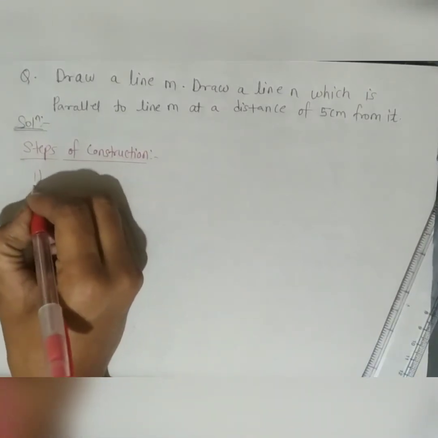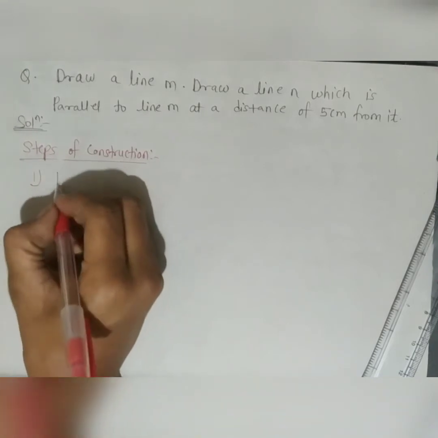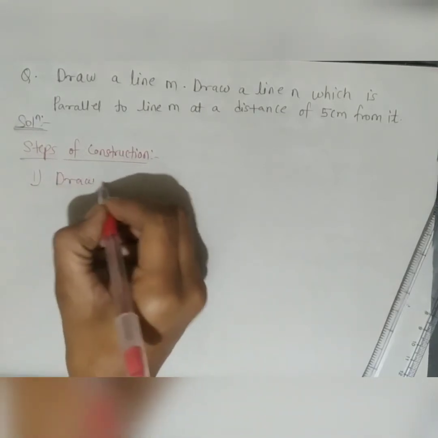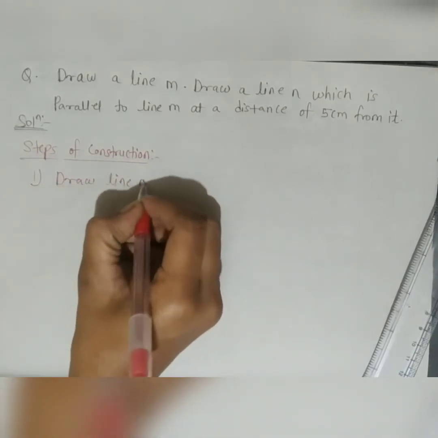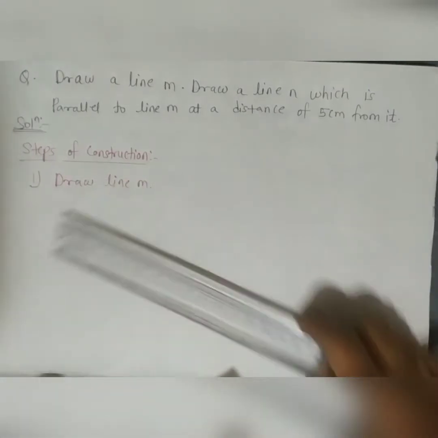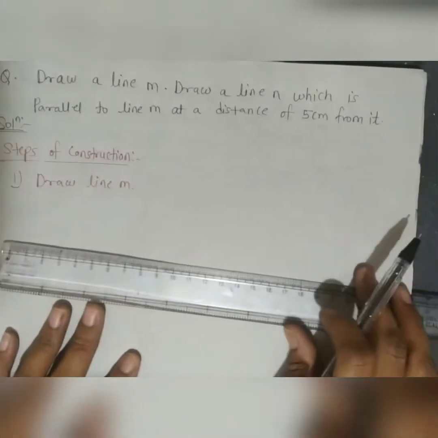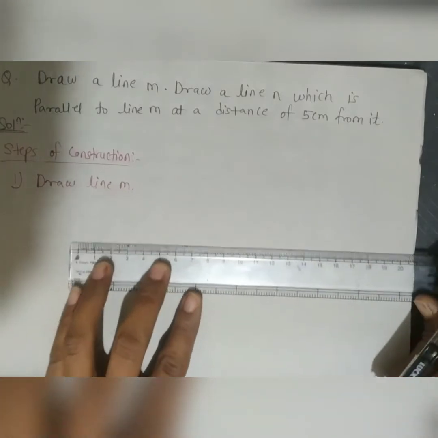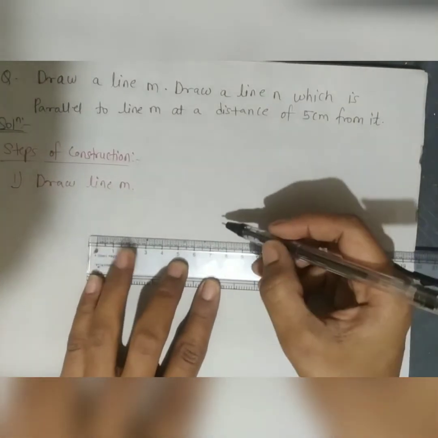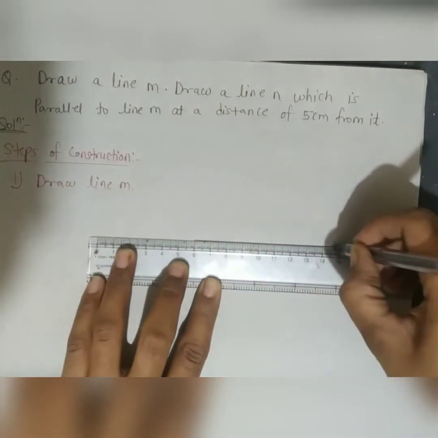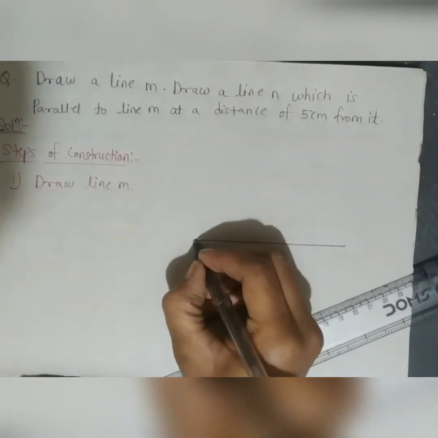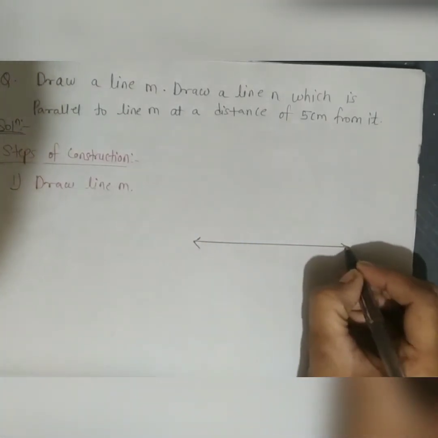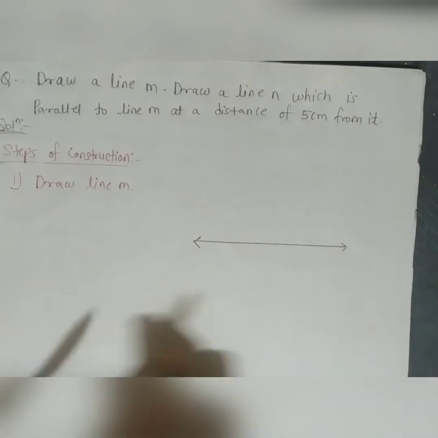Our first step is draw line M. First we draw a line M. Suppose this is my line M. This is our first step.